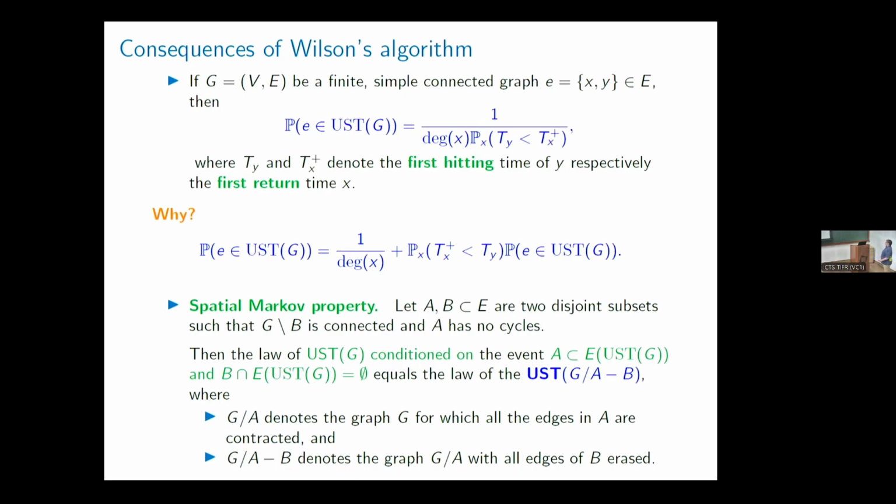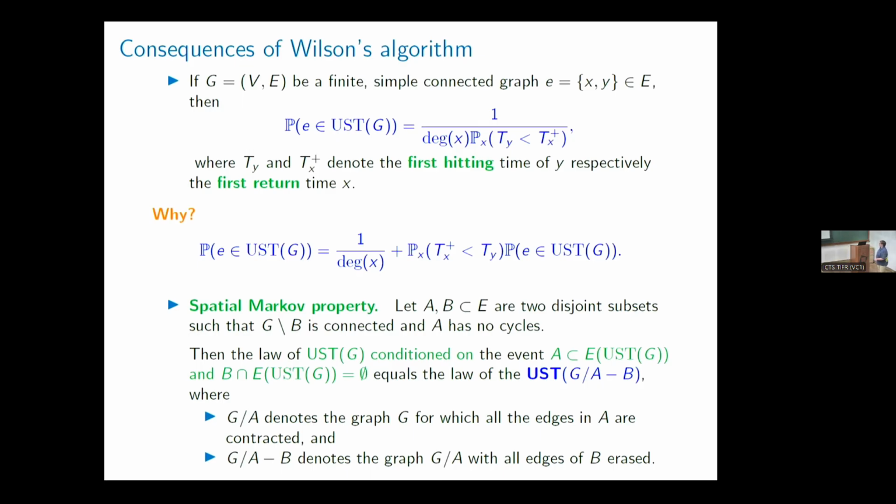If I'm given two subsets of edges, A is the set of edges which is supposed to be there, so it should clearly have no cycle. So you take an edge set without cycles, and you take a subset of edges B, which is the one on which we want to condition that they are not there. If we want certain edges not to be there, we have to make sure that we don't disconnect our graph.